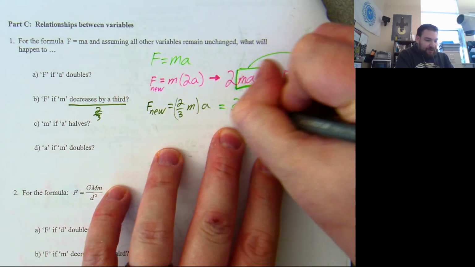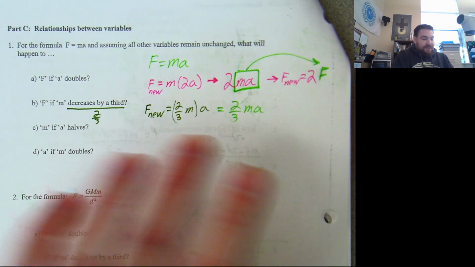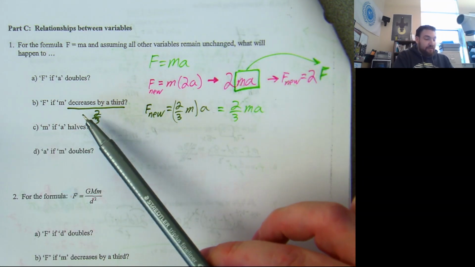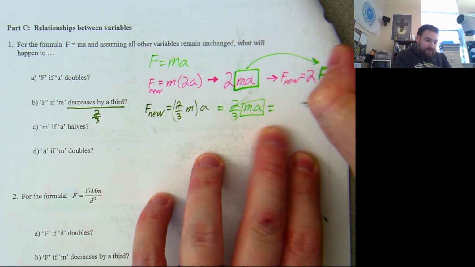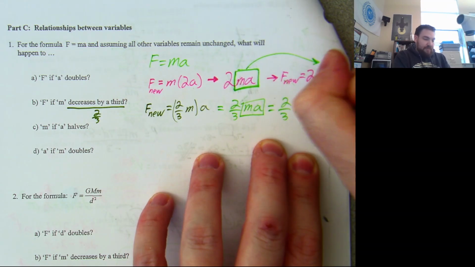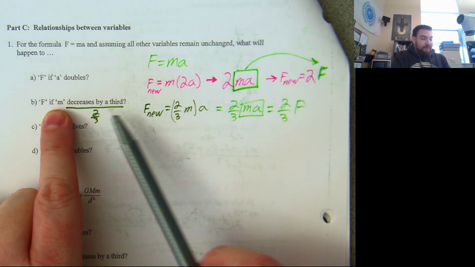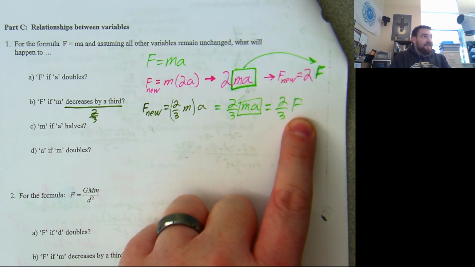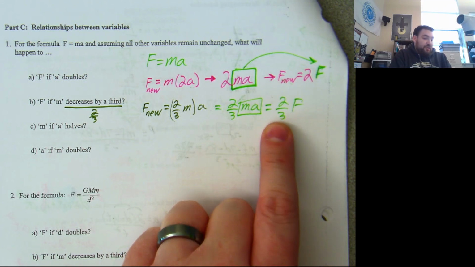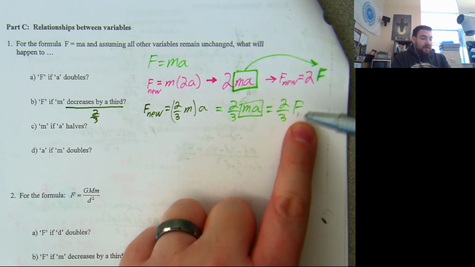This is just going to be 2/3 MA, and this piece right here is just going to be F. So if you decrease the M by a third, what's the effect on F? It's 2/3 of what it was to start.